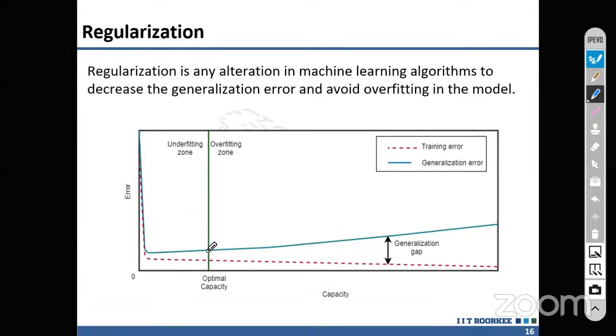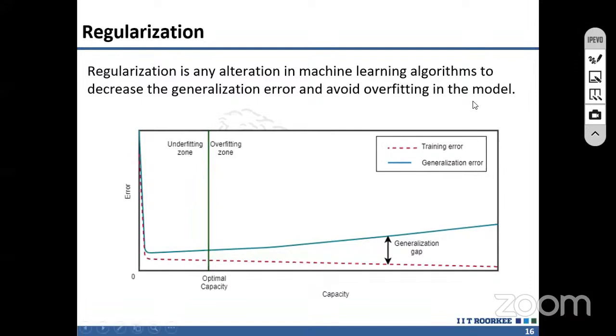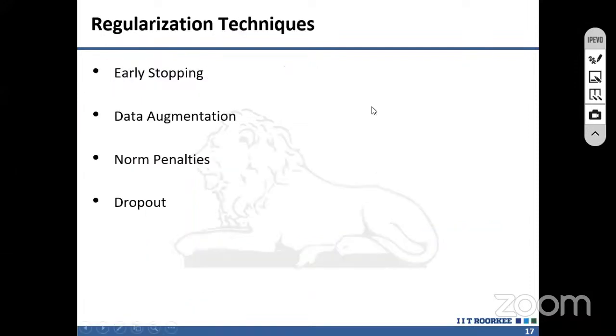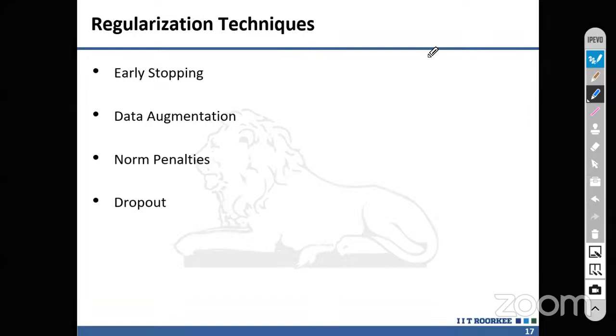So you have to stop somewhere. How will you know where to stop? There are different criteria and techniques for regularization. There are 4 different approaches: early stopping, data augmentation, and dropout, and many other approaches are also there.